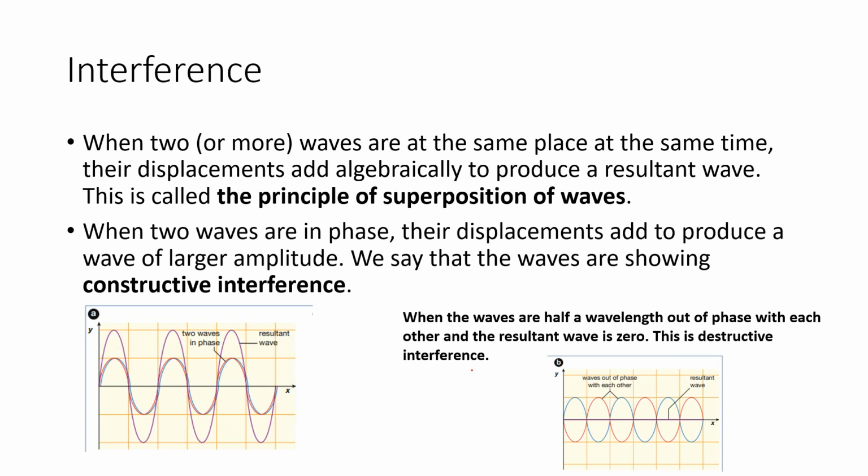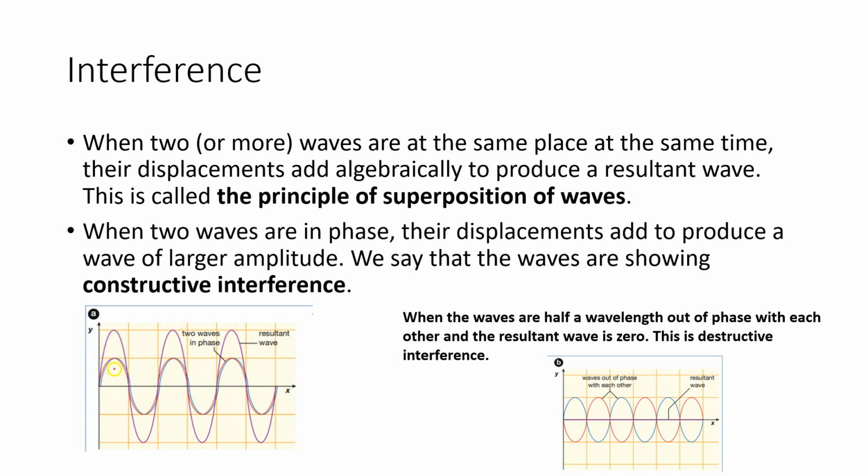Whenever we're dealing with waves, it is the process where we algebraically find the resultant wave using the principle of superposition of waves. Superposition is simply when you have more than one wave on a graph. Depending on how the waves are positioned, it can create a much larger resultant wave.